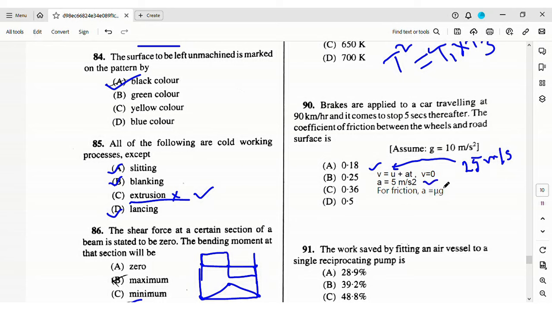Now for friction, acceleration equals mu times gravitational acceleration. So mu equals A by G, equals 5 by 10. Your answer will be 0.5.